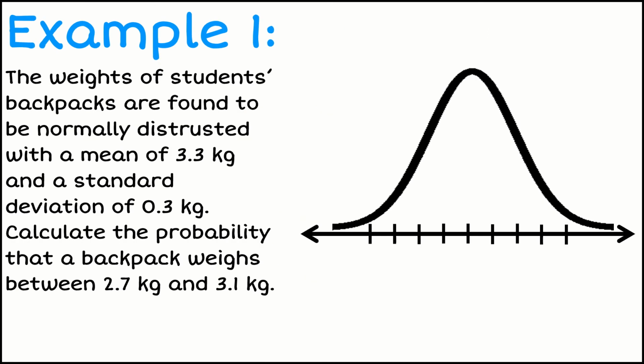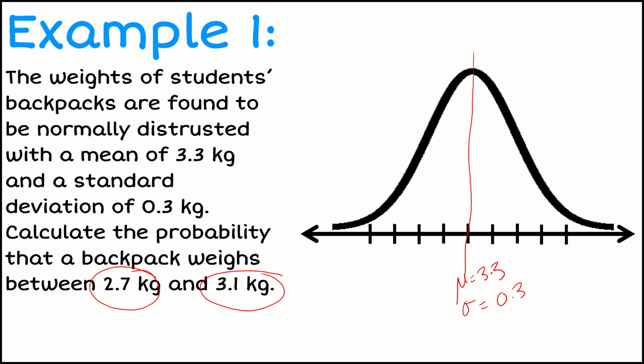So here's an example. Weights of student backpacks are found to be normally distributed with a mean of 3.3 kg. So I'm going to draw my line down the middle there. There's my mean at 3.3 kilos, and it has a standard deviation of 0.3 kilos. Now the data values I've been given: what's the probability a backpack weighs between two numbers?